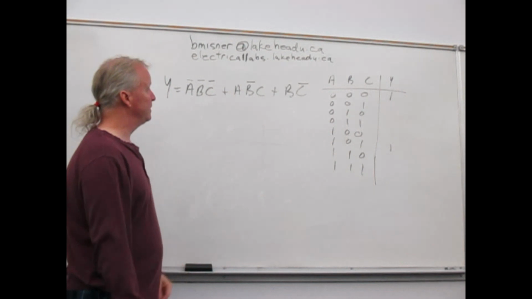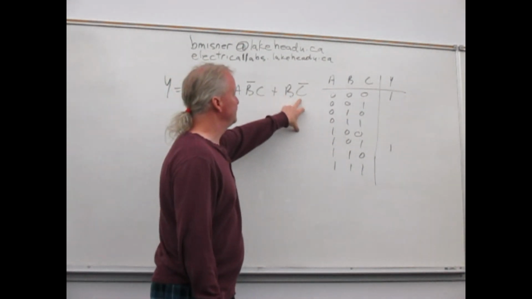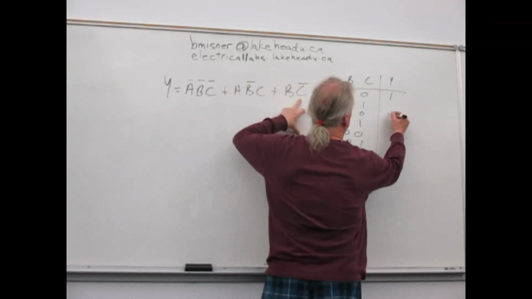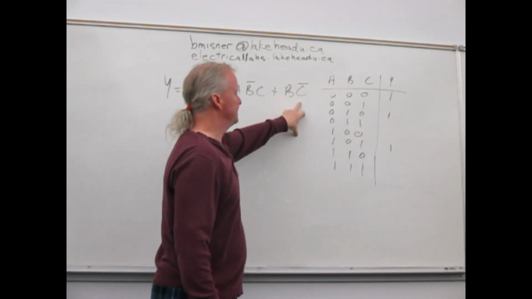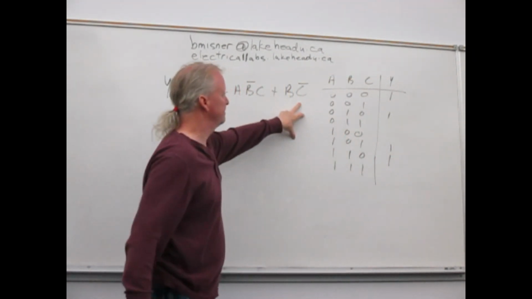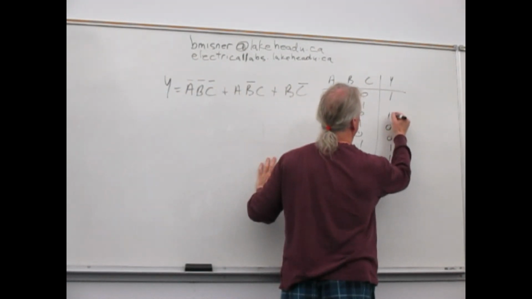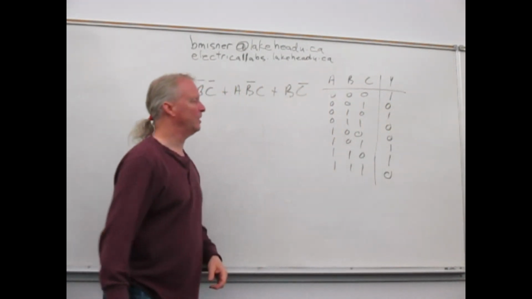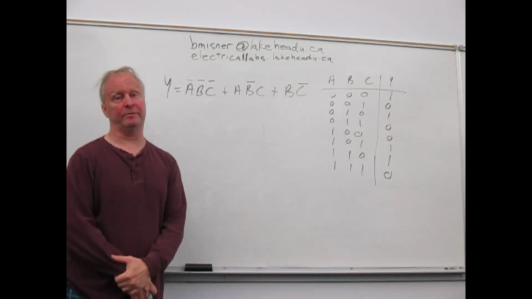So we look at this and we can say 0, 1, 0 is a 1, and 1, 1, 0 is a 1. And then the rest are zeros. Okay, so there we've got our truth table.